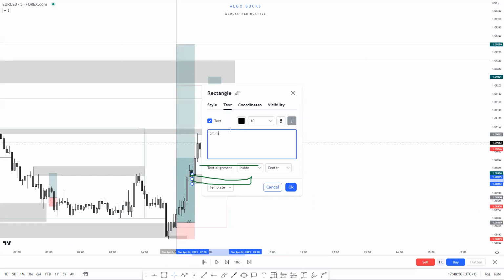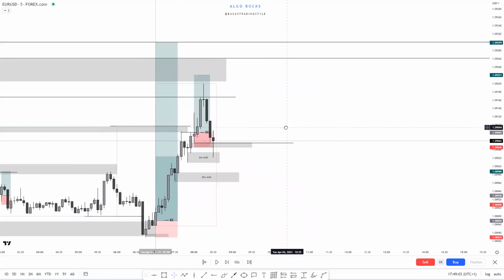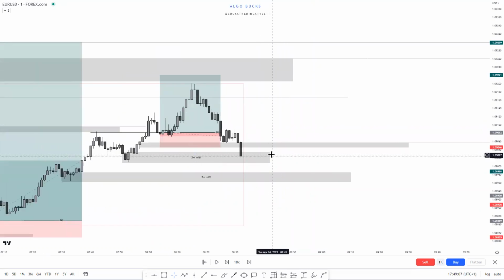Sorry, 5 minute mitigation. And then this will be 3 minutes mitigation. This will be the 3 minute mitigation. Good. So now going back on the M1, now we're looking for an opportunity to take our buy from here.